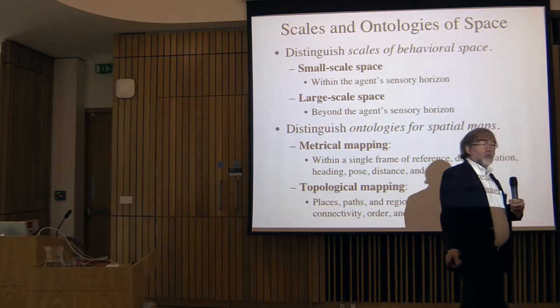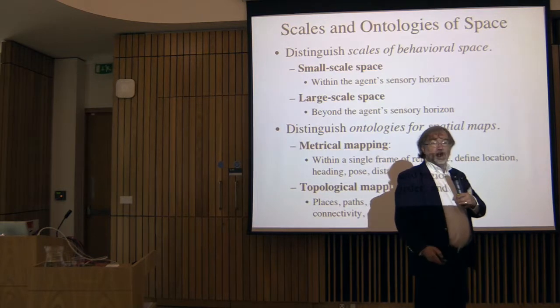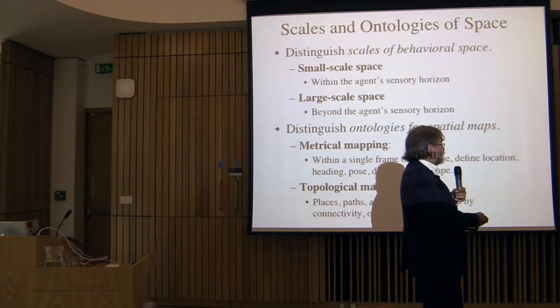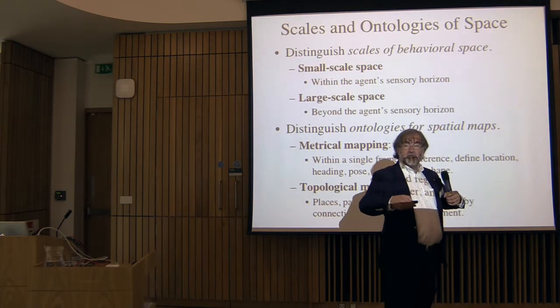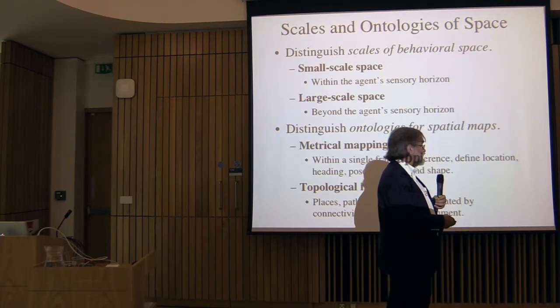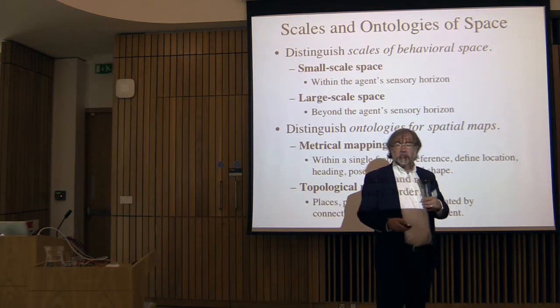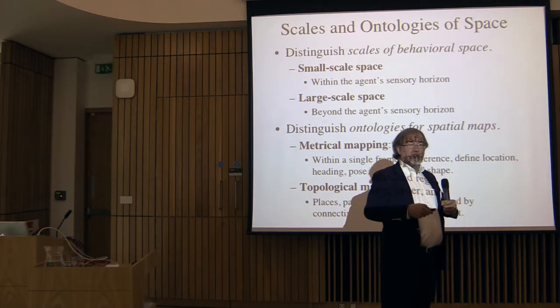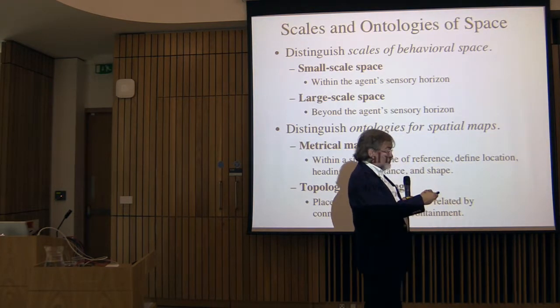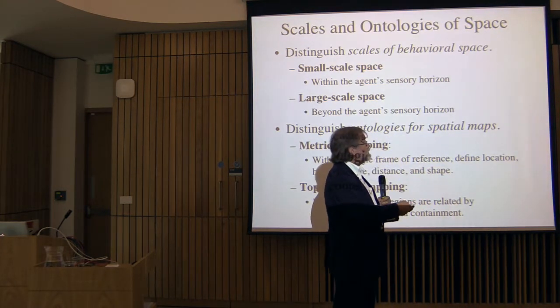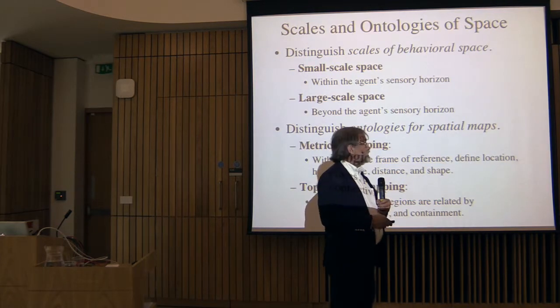So that's one of the ways to make a compelling case that knowledge like that is represented topologically, where we have places, paths, and regions that are related by set theory kinds of relationships, like connectivity, order, and containment. So we're building graphs and containing sets. And so these are two fundamental distinctions that we'll be using.